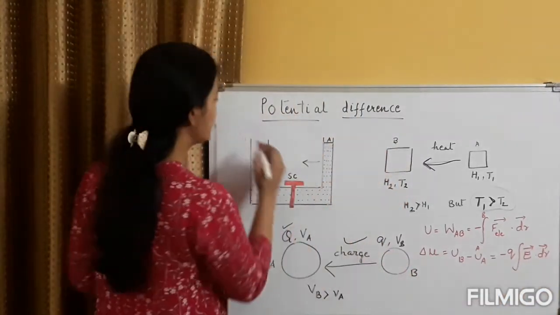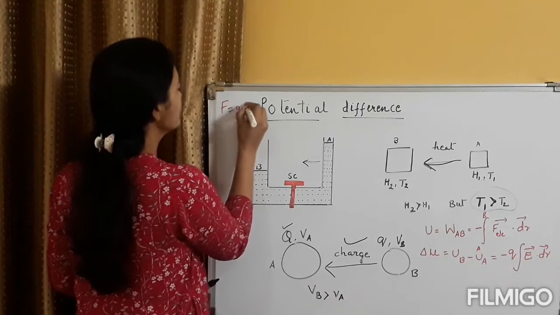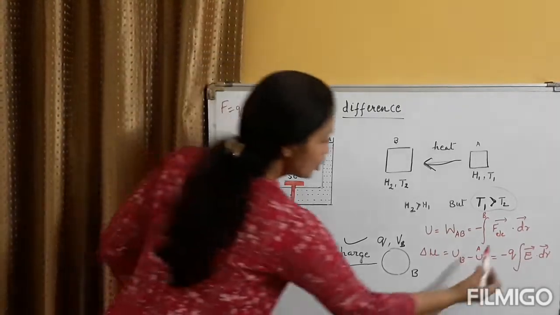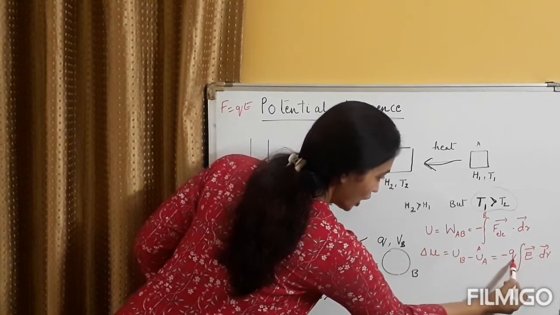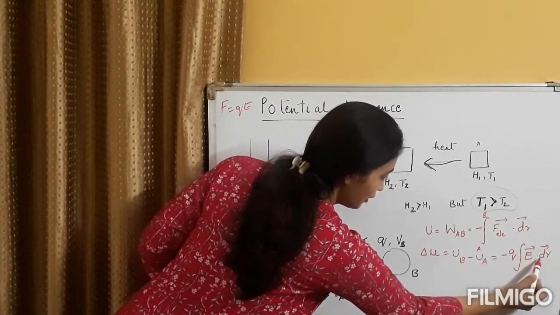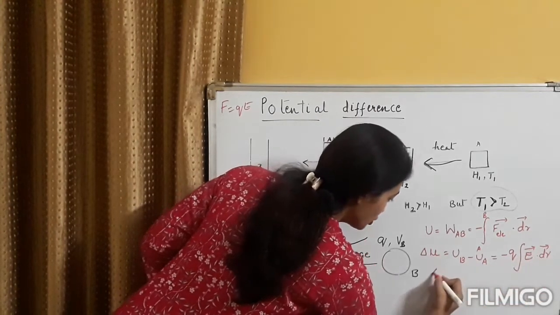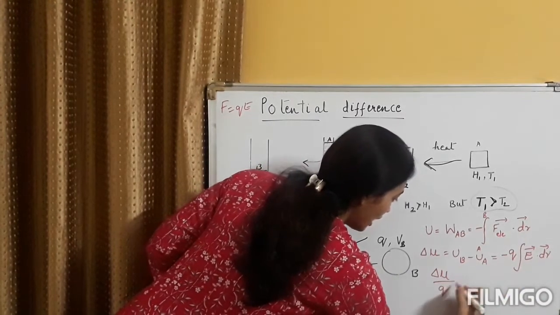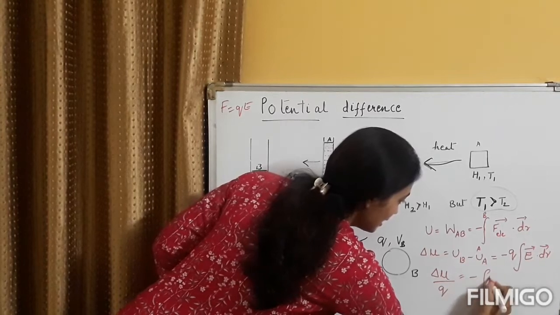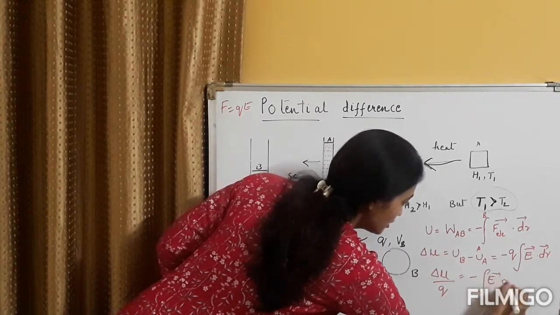You know that F is equal to QE. This is something which is known to you. So F electrostatic can be written with the charge which is moving, being constant, coming out of the integral: electric field dot dr. If I put delta U divided by this Q, I get minus the integral of E dot dr.